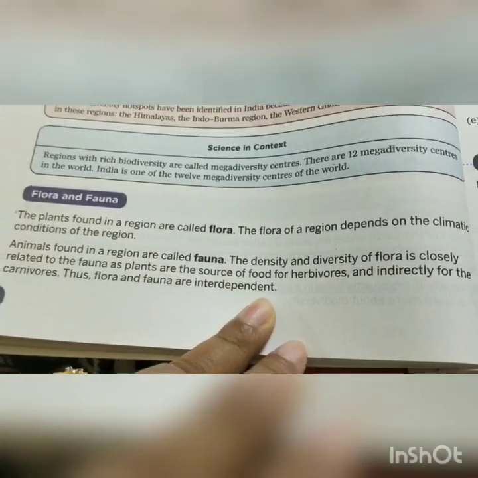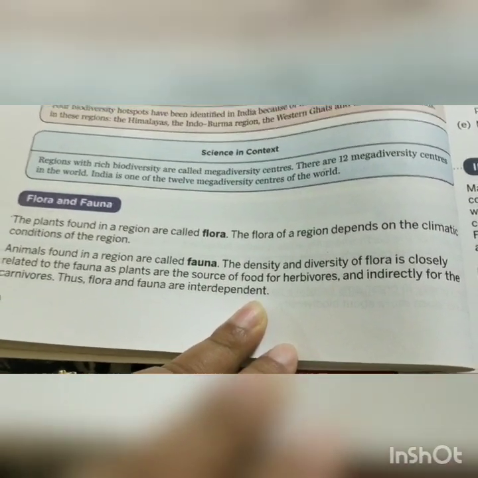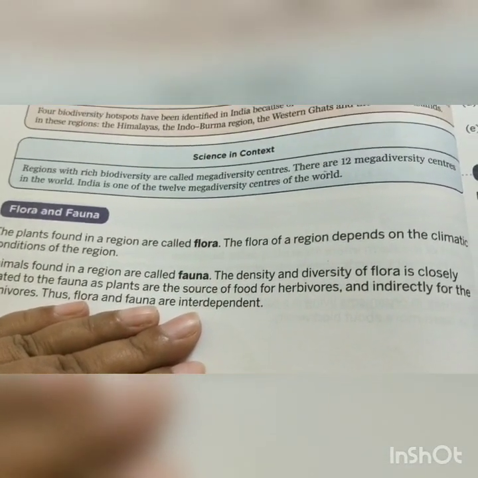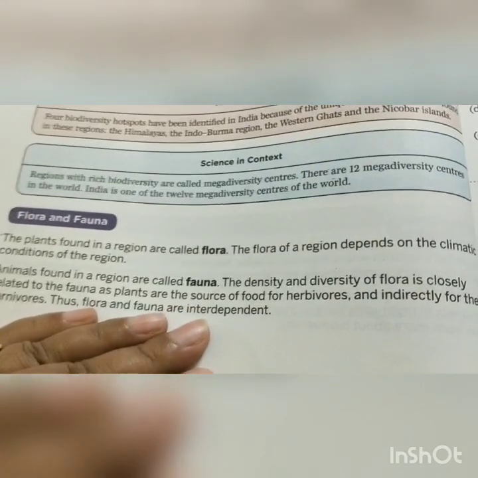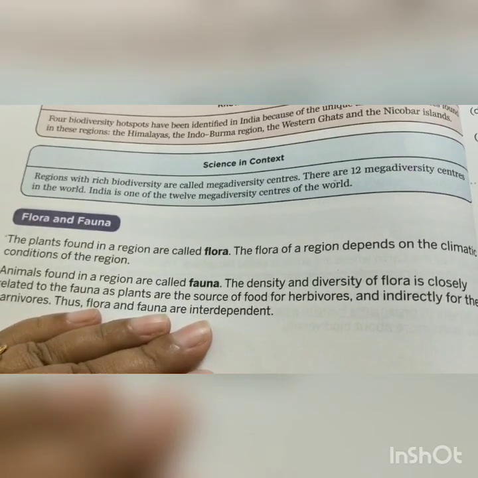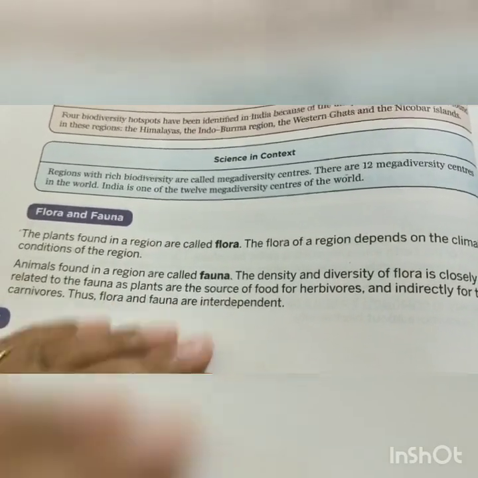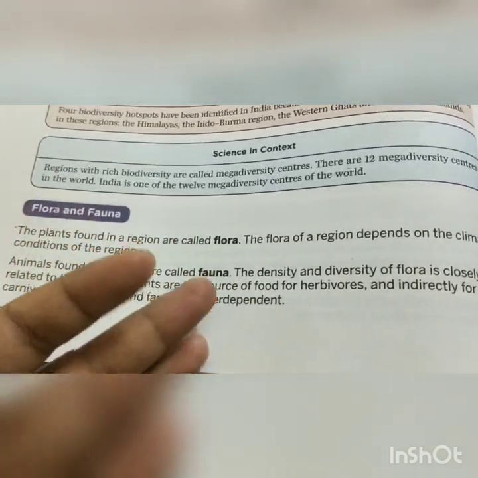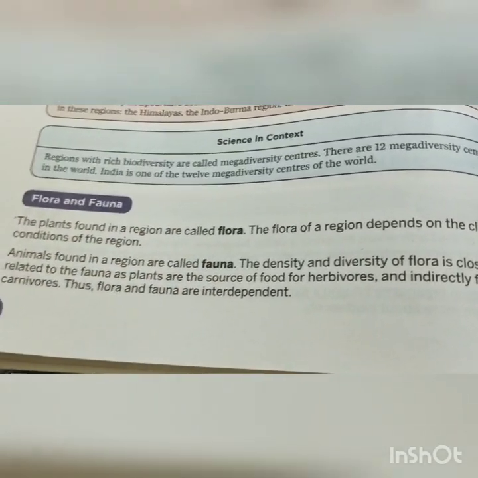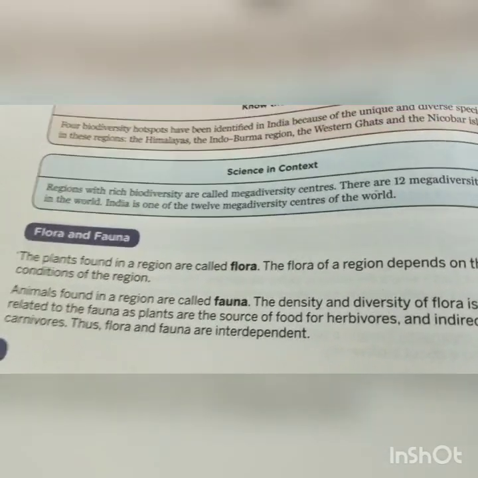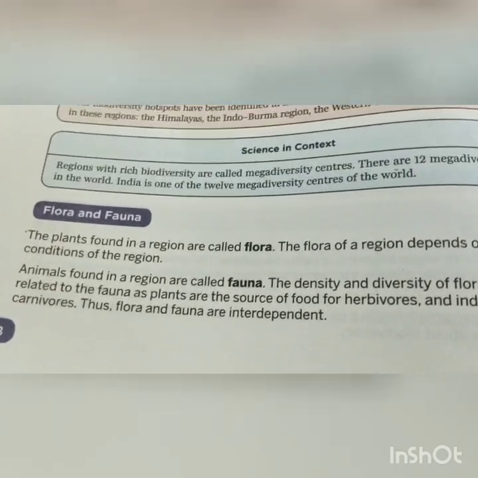So flora and fauna are related to each other, they are interdependent, because whatever flora you will get in a particular region, the fauna, the animals, they eat that flora, those plants. Herbivorous animals eat the plants; their food source is only the plants.